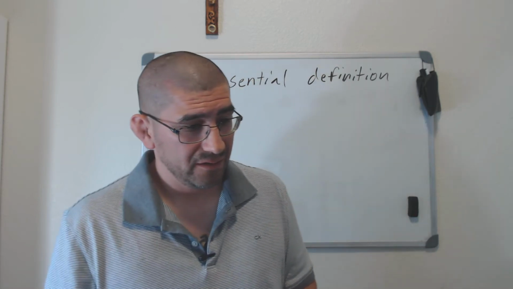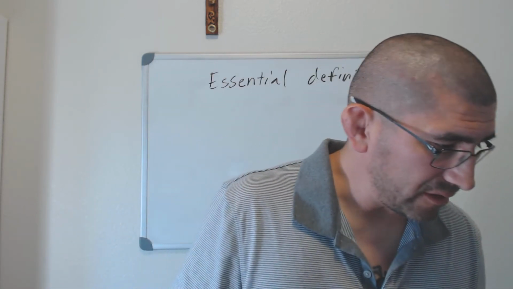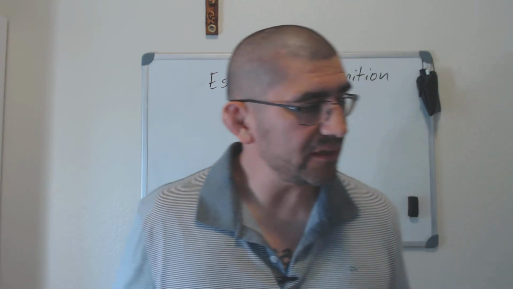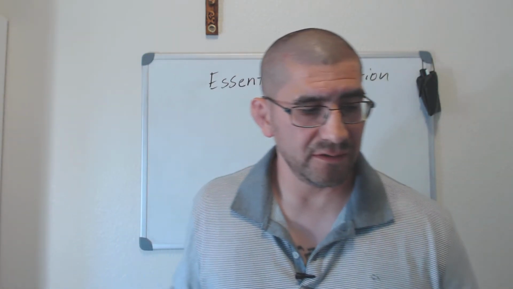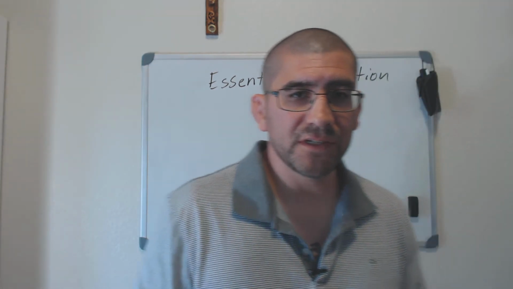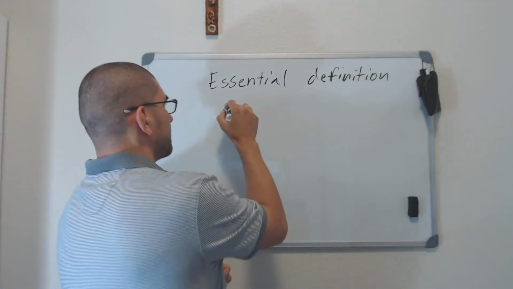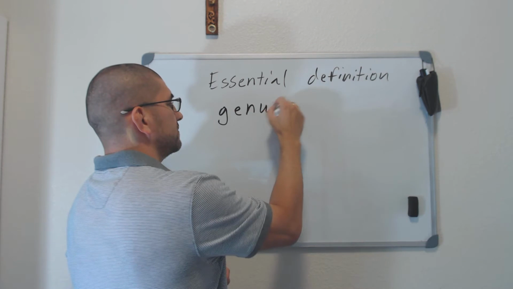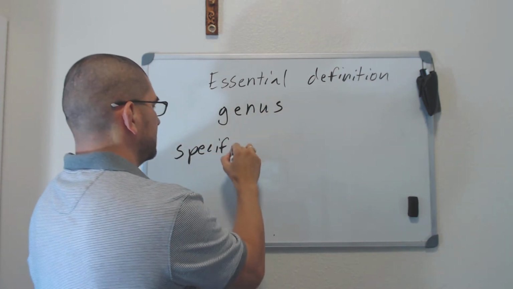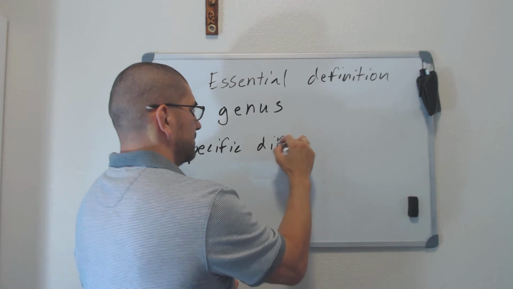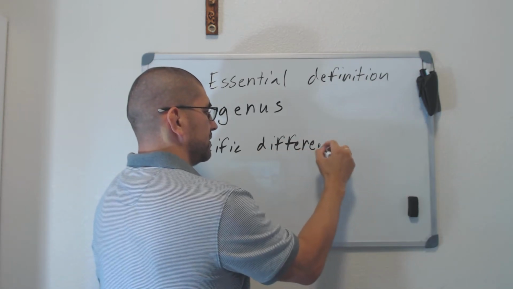On page 125, it says the essential definition is the genus plus the specific difference. So the essential definition has two parts: the genus, and then the specific difference.